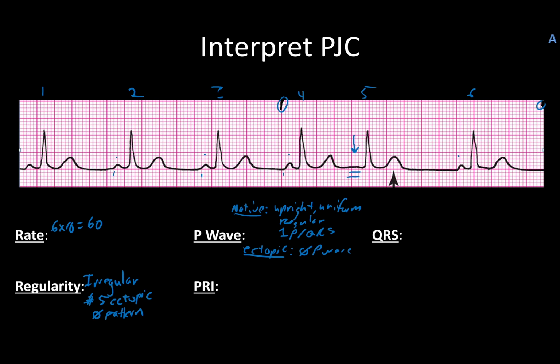As for the PRI with our native, we're going to measure that out to be, we'll say it starts about right here and here. We'll call that a 4. So that is normal.